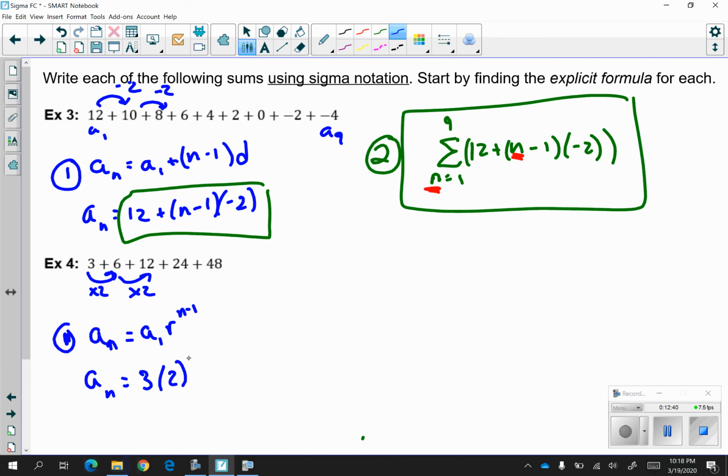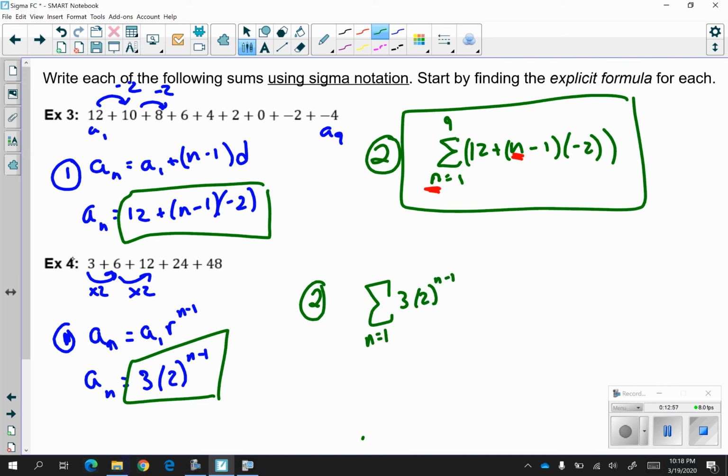My common ratio is 2. And this is what I'm going to be using in my summation notation. So I have the sum of 3 times 2 to the n minus 1. We're starting from n is equal to 1, right? Your first term. And we're going up to the 5th term. And you're done.